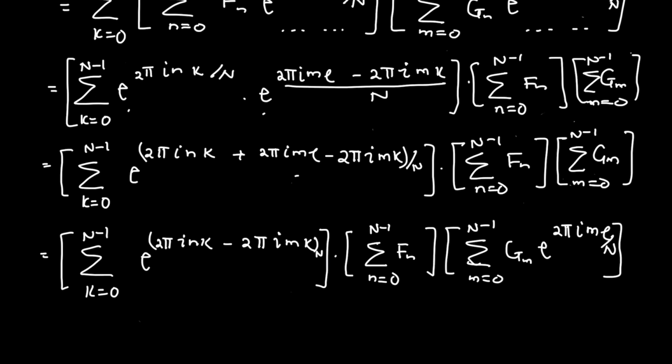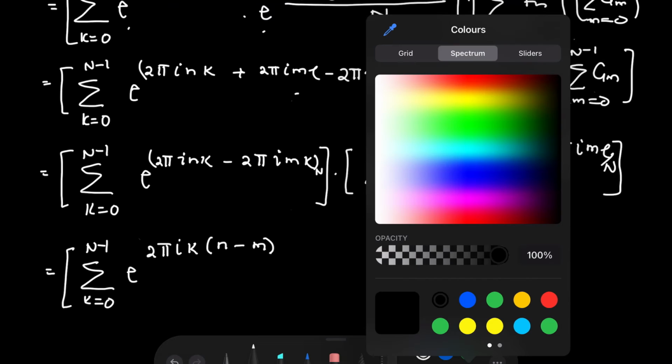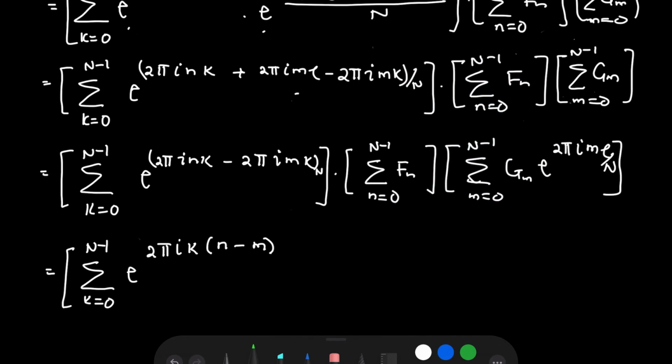Let's simplify further on the first portion. The sum over k equals 0 to n minus 1 of e to the power 2 pi i k times n minus m. I want you to take special attention of this part.